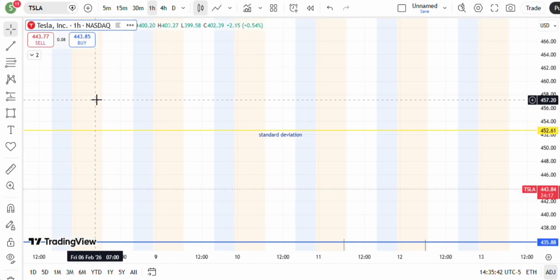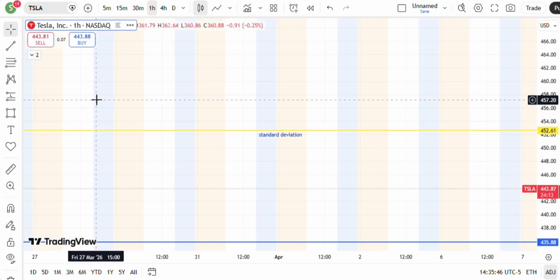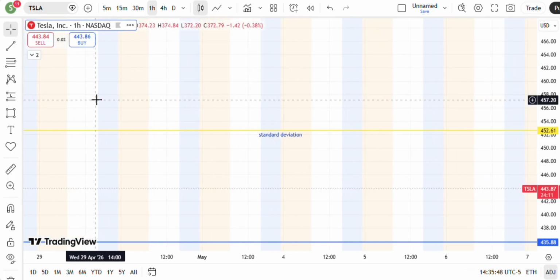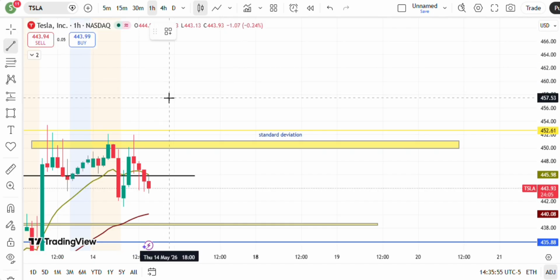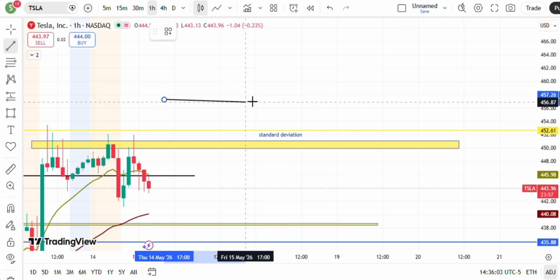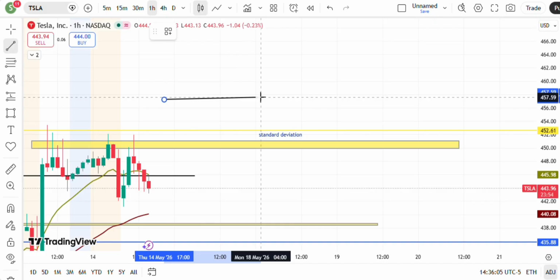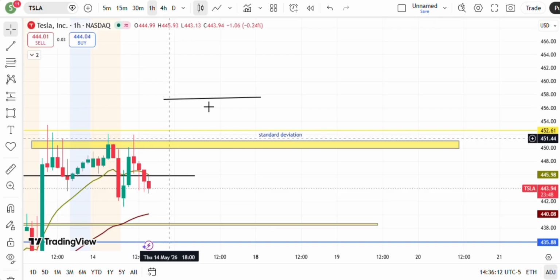Let's make a note of that. 457.20, that's our next move. Let's just go by right here. 457.20 and boom. Okay, so I know if we break here, we're going up.